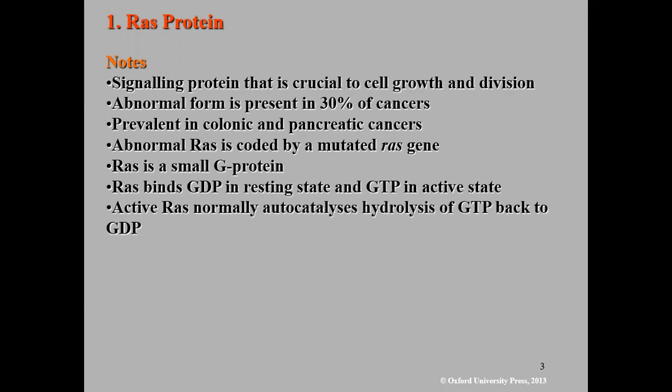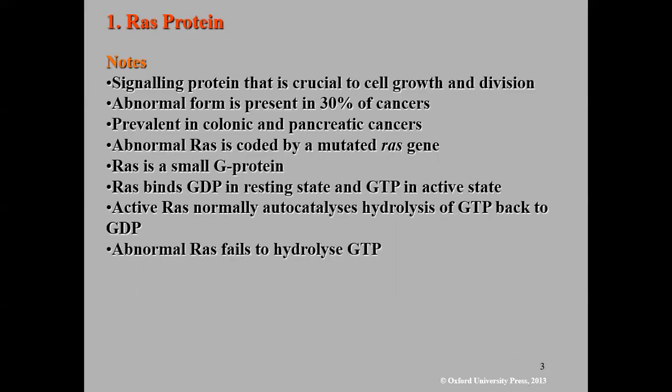The active RAS, the normal form, autocatalyzes hydrolysis of GTP back to GDP. So when the RAS is normal, it binds GTP in its active state, catalyzes the GTP to GDP, and goes to the resting state.